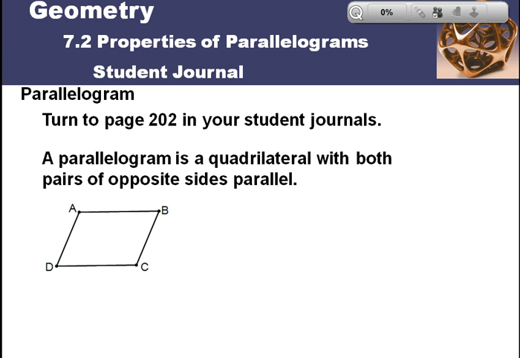The name of this parallelogram is ABCD, and for this to be a parallelogram we would need opposite sides to be parallel. So let's discuss what the opposite sides are.